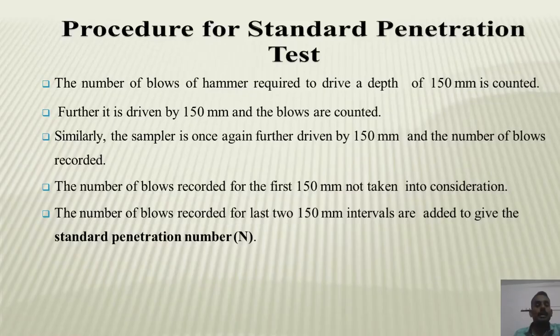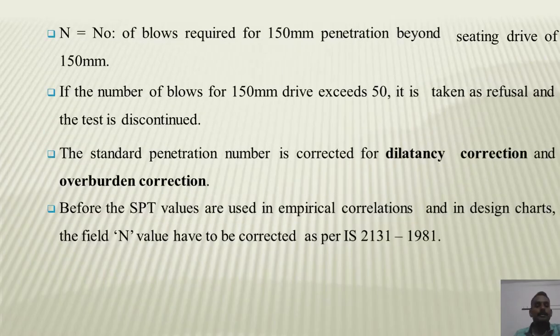The number of blows recorded for the last two 150 mm intervals are added to give the standard penetration number. The standard penetration number N is the number of blows required for 150 mm penetration beyond a seating drive of 150 mm.